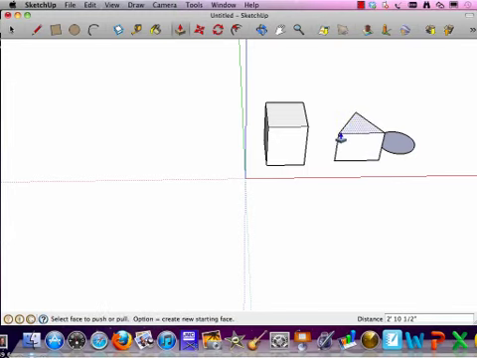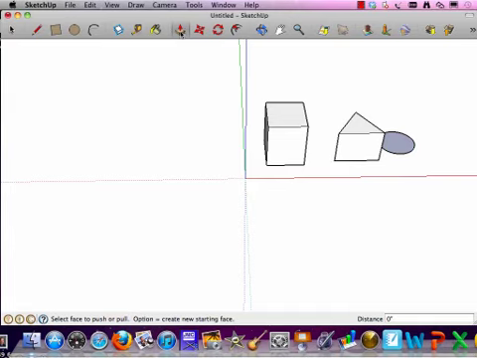As long as I can find the area of the triangle, and I know how high I pulled it up, I can multiply those together. That is how I figure out the formula of a three-dimensional object, that triangular prism I have right there.